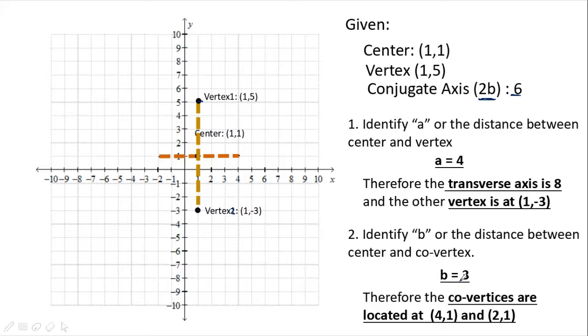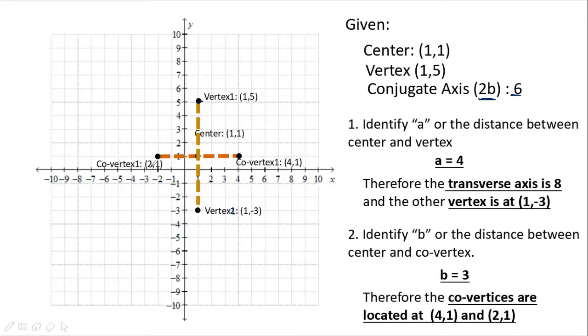Therefore, the covertices are located at negative 2, 1 and 4, 1. How can we say that? From the center, we count 3 units left and right: 1, 2, 3. So we can say that this is the covertex. Covertex 1 is negative 2, 1.